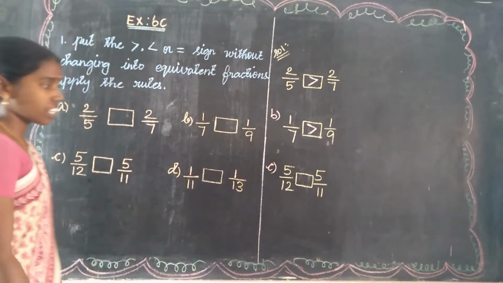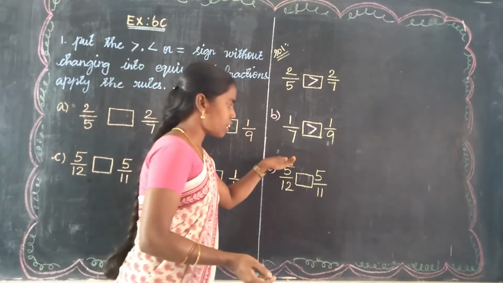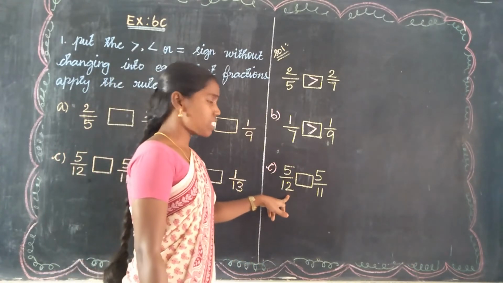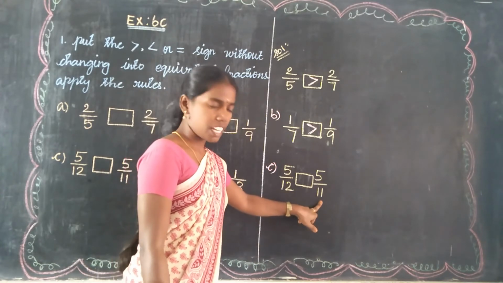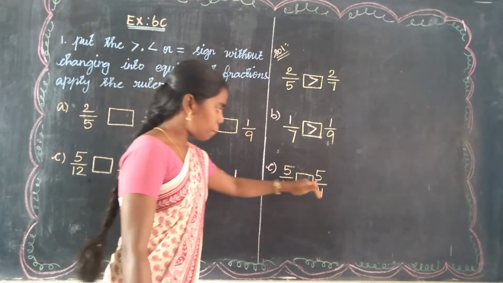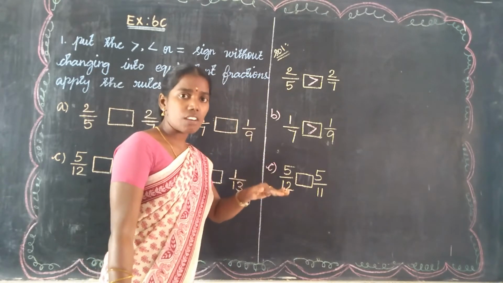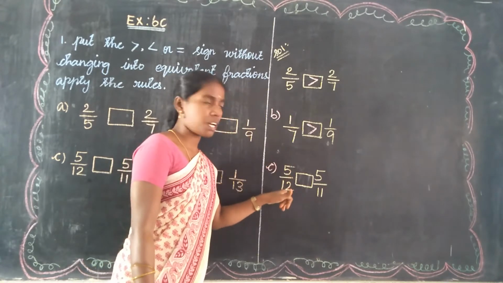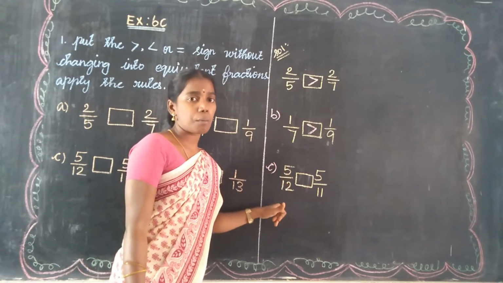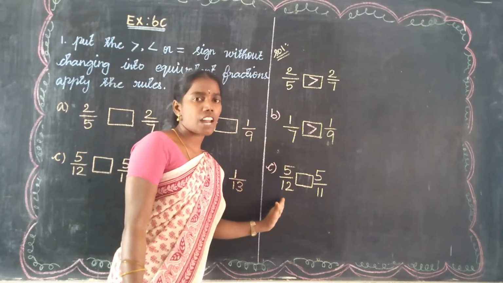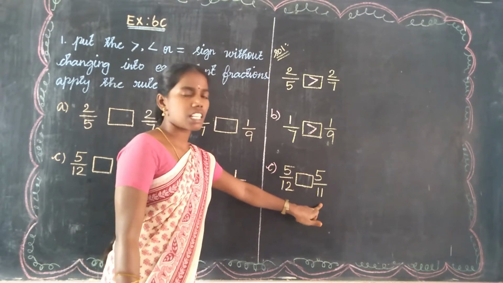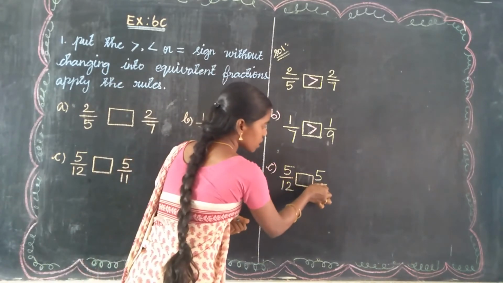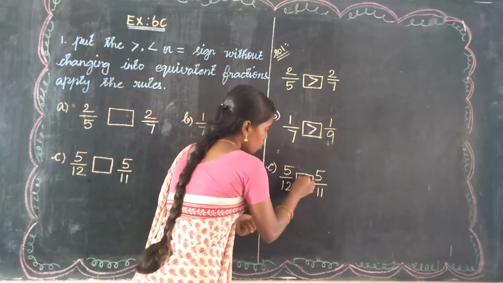Which one is the greatest and which is the smallest? 5 is the numerator, equal in both. Next consider the denominators, 12 and 11. As single values 12 is greater, but in a fraction, 5 divided by 12, the value decreases. So 5 by 11 is the greater one, and the symbol is less than.